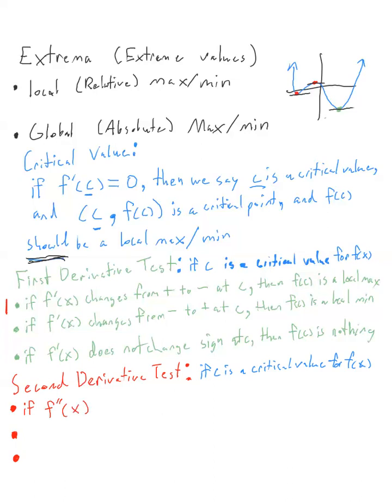So if f prime is decreasing, then f double prime is negative or less than zero. Except we're not talking about at any value, we're talking about at our critical value c. So if f double prime of c is less than zero, then we are in the case of our first derivative test. So f of c is a local max.